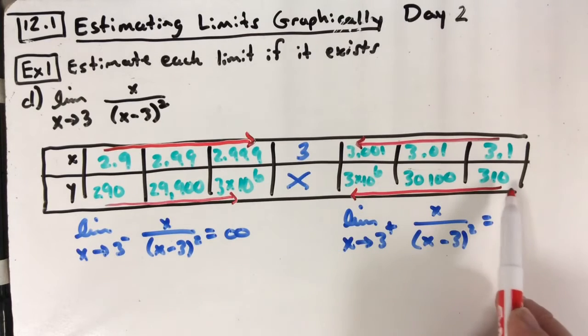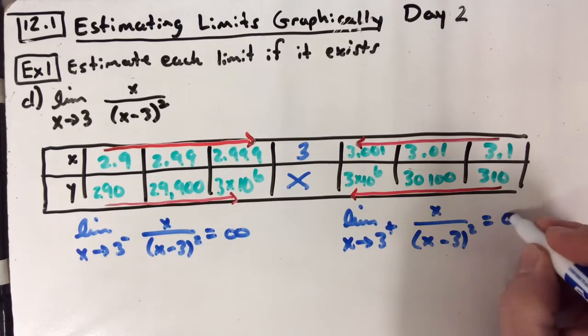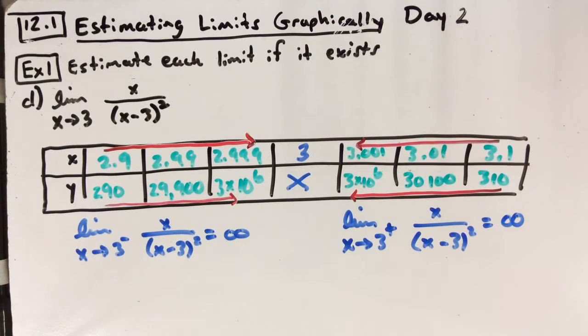So again, as we get closer and closer to the middle, our y coordinates are getting bigger and bigger in a positive direction. So it looks like to me, if I were to estimate where the left and right hand limits go, both of the y values appear to be going to infinity.